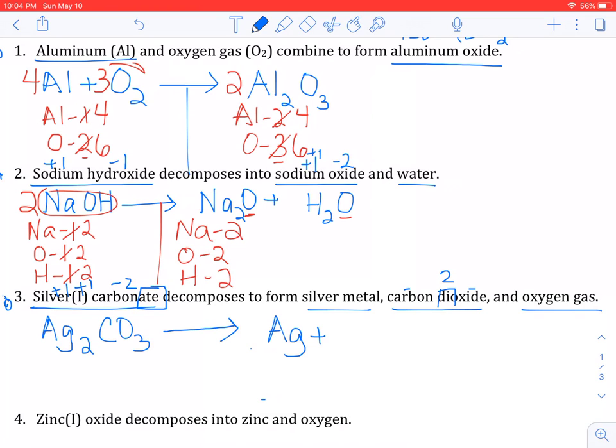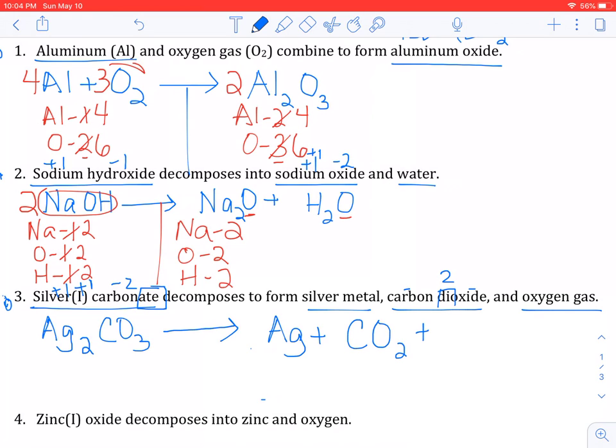So carbon is just C, and because there's no prefix there, that means there's just one of them. So C. Dioxide means there's 2 oxygens, so we write that as CO2, which is something most of you guys are probably familiar with anyway. You know what carbon dioxide usually is.